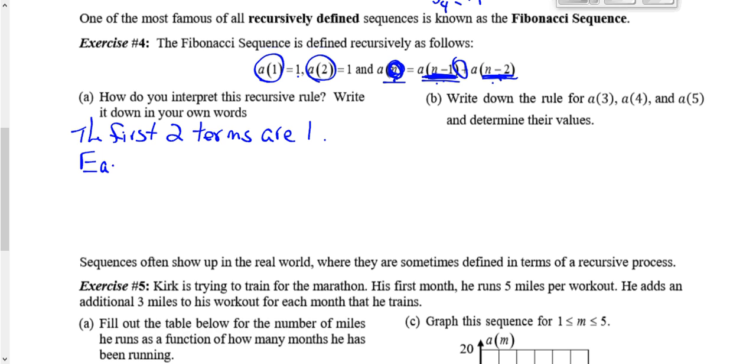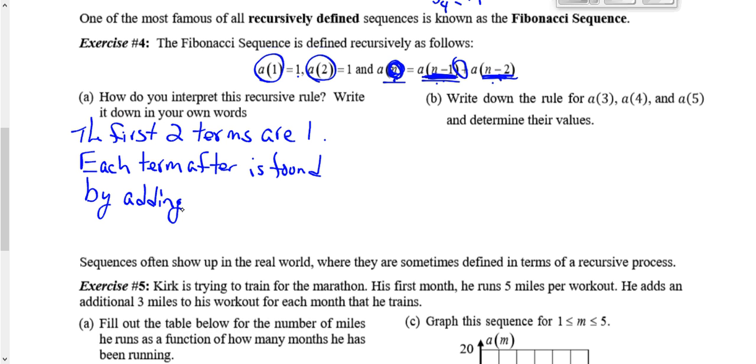Each term after is found by adding the two terms before it. Again, if it's fifth in line, then you add the two terms before it, the third and fourth.